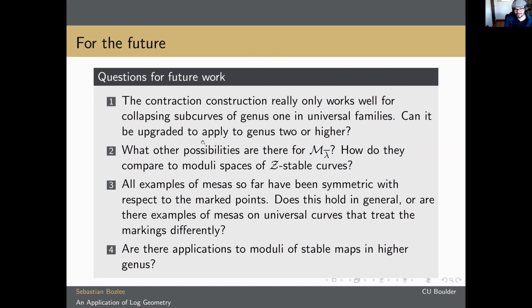I'd also like to know, since we have this sort of combinatorial recipe now, what are the possibilities. And then since this has a similar flavor to Smyth's m-stable spaces, how do they compare to Smyth's m-stable spaces? And then finally, there are only so far examples that are symmetric with respect to the marked points. It doesn't matter which one's labeled 1 and which one's labeled 2.